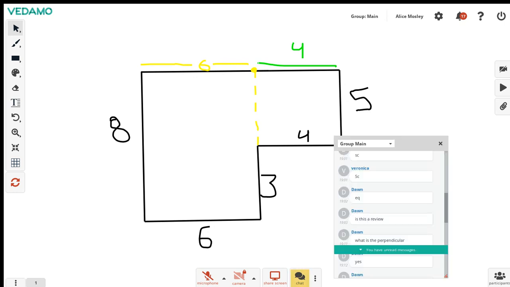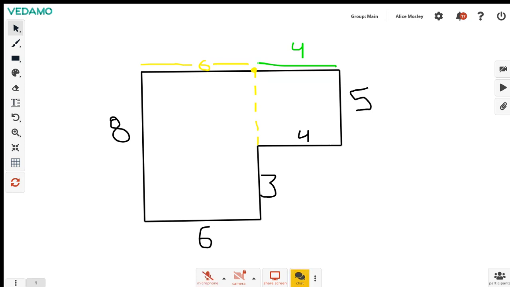Where did you get the 6 and 4? So how we got 6 is, we saw the bottom, and as we can clearly see, this whole side, this 6 is going to be equal to this part, because these are the same parts.